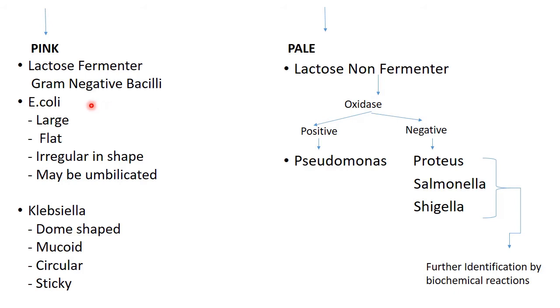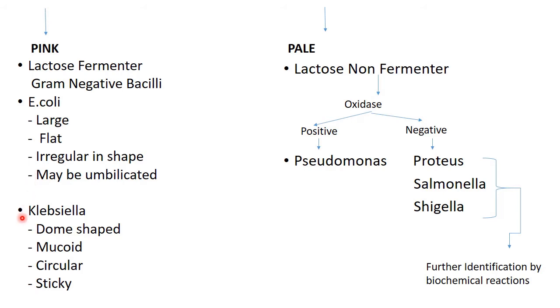In case of lactose fermenter gram-negative bacilli, there are two organisms that are very important to identify based on their appearance. The first one is E. coli. The colonies of E. coli are large, flat, irregular in shape, and also they may be umbilicated.